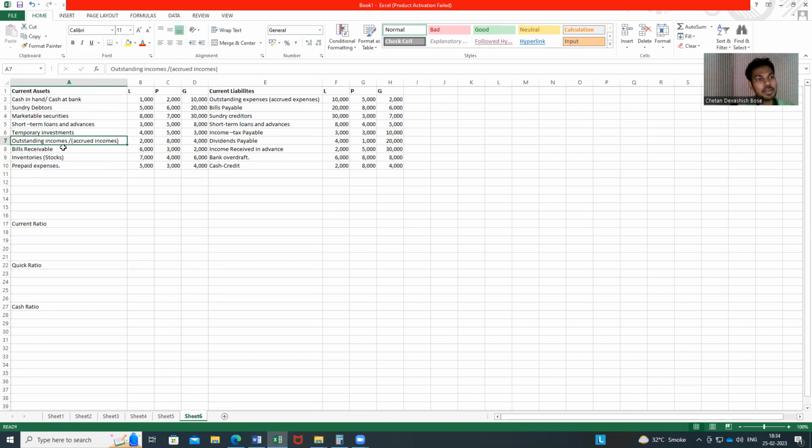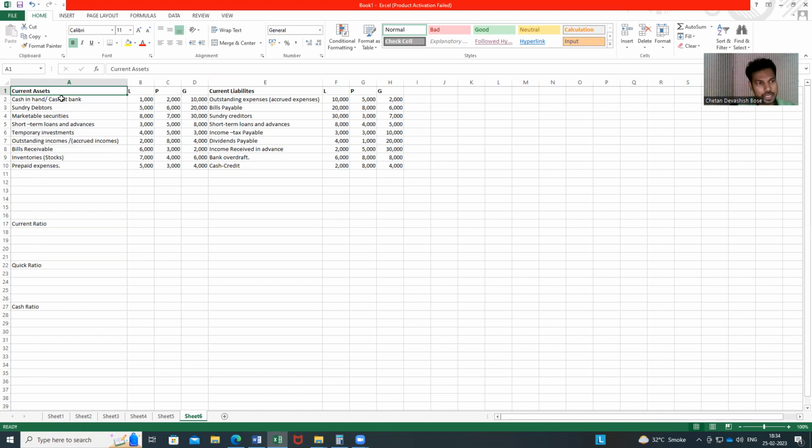Okay, if your income is outstanding, then it is your current asset. And if your expenses are outstanding, that is accrued expenses, then it is your current liability. Then bills receivable, inventories, which is also known as stock, या फिर closing stock, and then prepaid expenses. Well, all these entries are nothing but current assets.